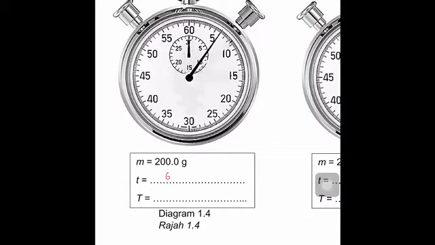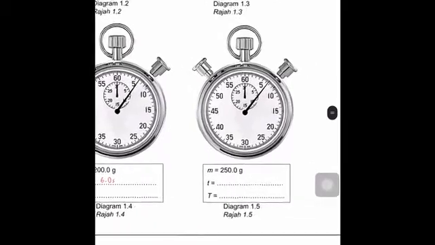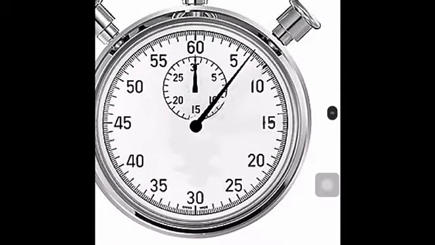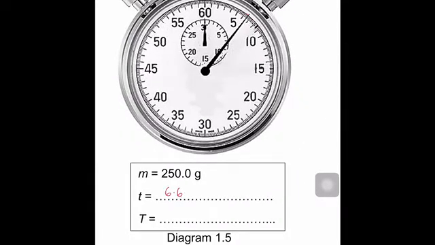Don't write 6 only, because just now the other readings are all 1 decimal place. So 6.0 second. And then you see here 6.2, 6.4, 6.6. So 6.6 second.